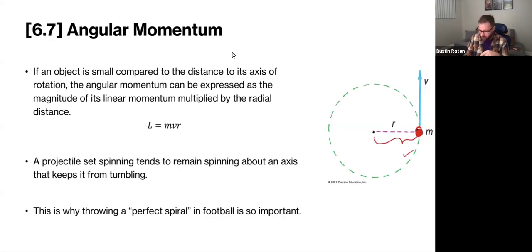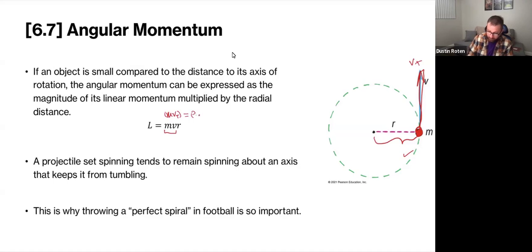Okay. Well, we know this thing has a mass, and we know it has a tangential velocity, right? So this is our tangential velocity. All we need to do is multiply the mass times the tangential velocity. That's really just our regular old momentum.